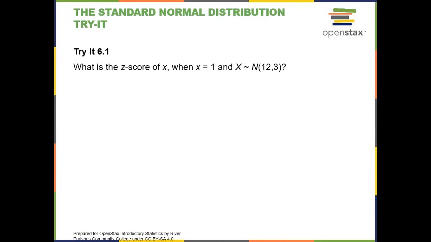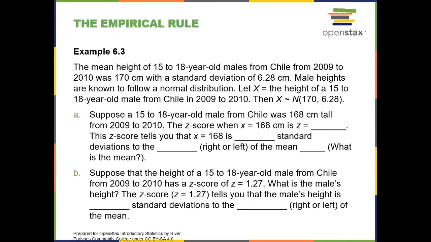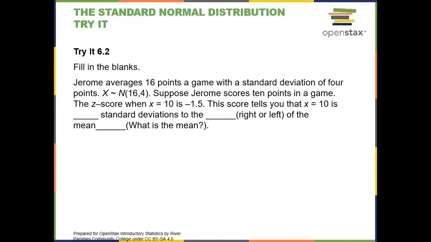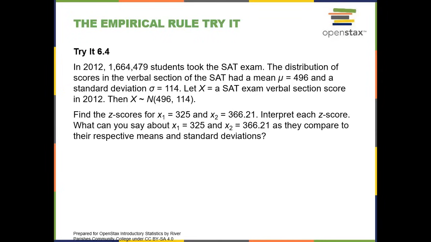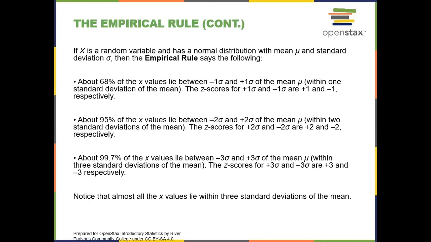Close the right parenthesis and divide by the standard deviation, which is 3. So what does it mean? It means the value x equal to 1 is minus 3.67 standard deviations below the mean. And we can do these problems. I will discuss some of these problems in the YouTube videos which I will post.